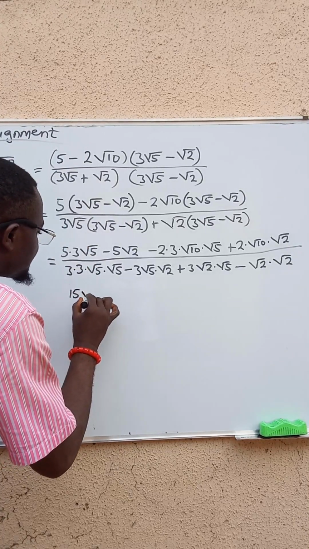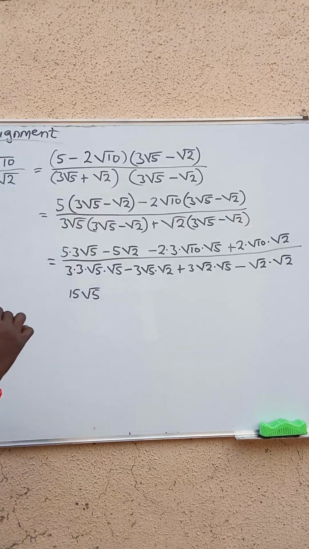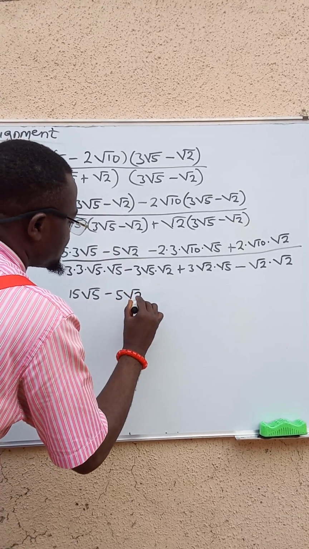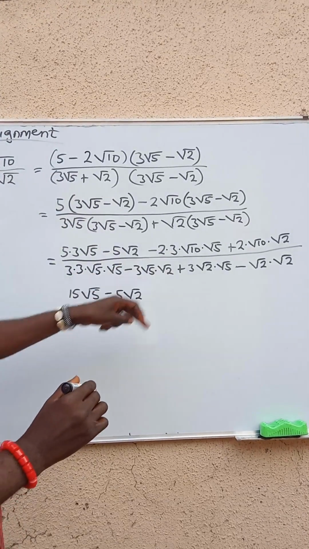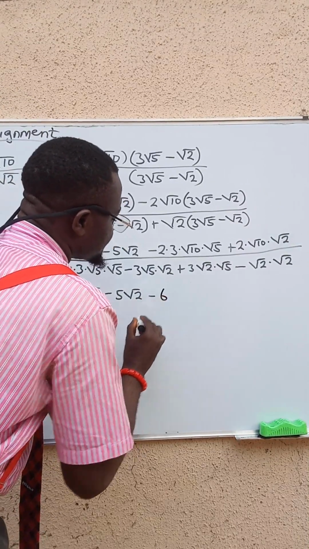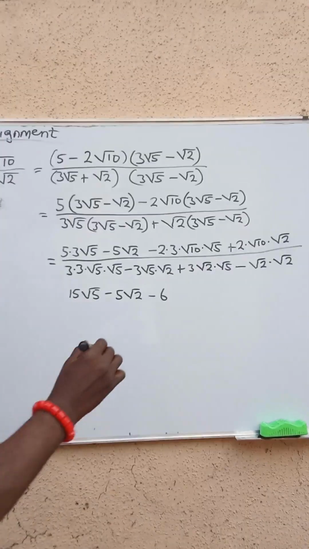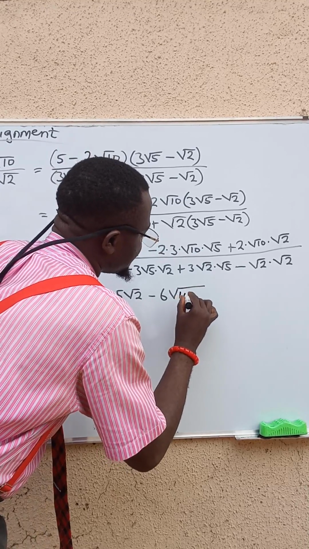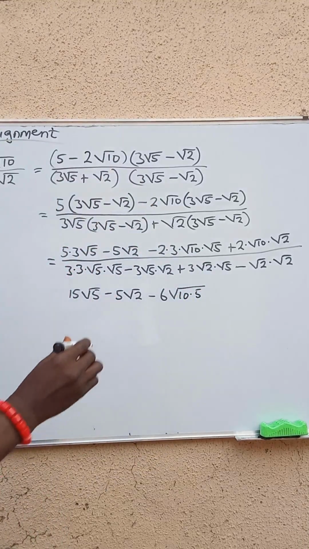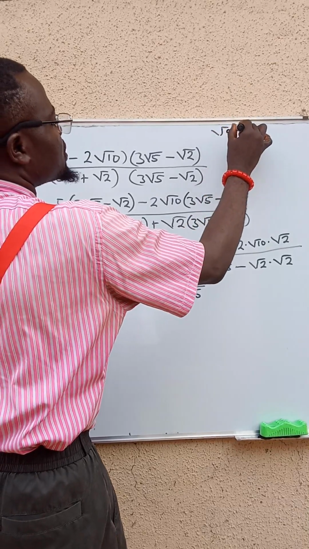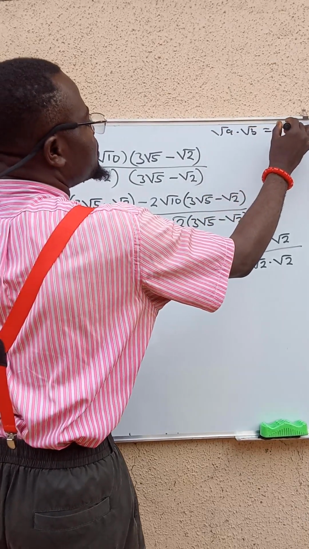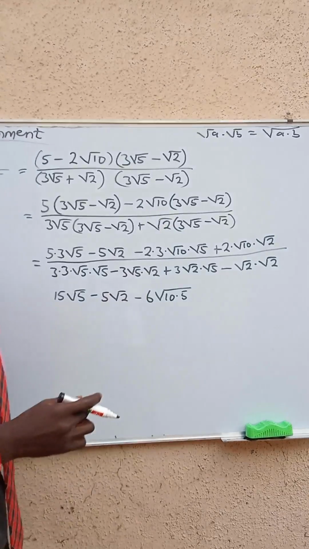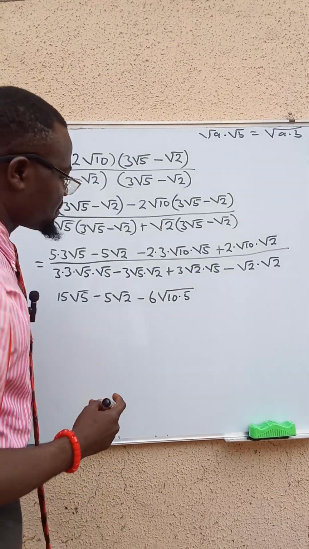I have 15 root 5 minus 5 root 2. 2 times 3 is 6 minus 6. Now root 10 dot root 5, you can bring them together. 10 dot 5. Yes, because when we have root a dot root b, it will give me root a dot b. That is the law, one of the laws we gave, multiplication.